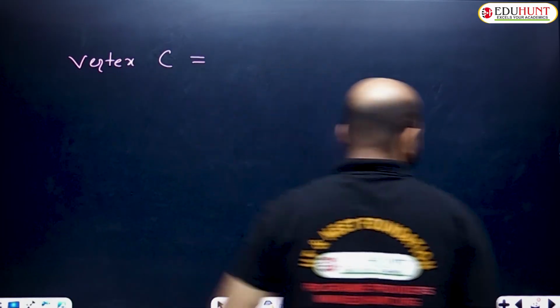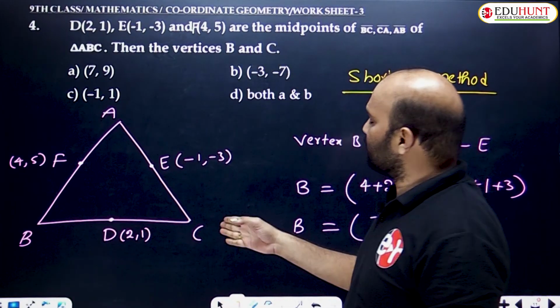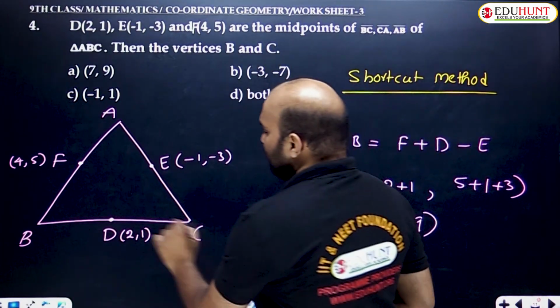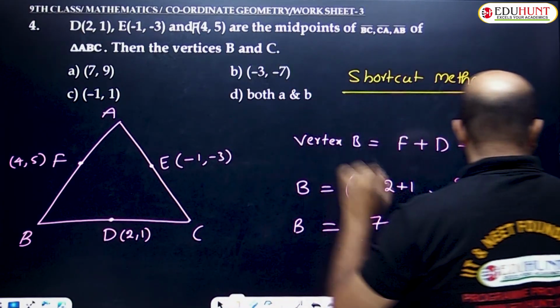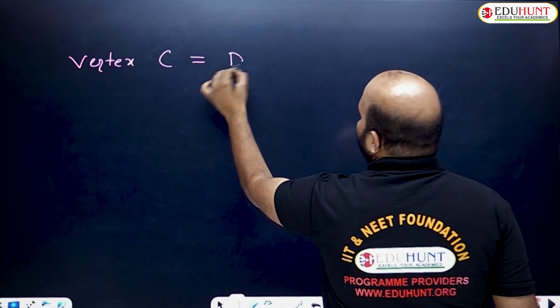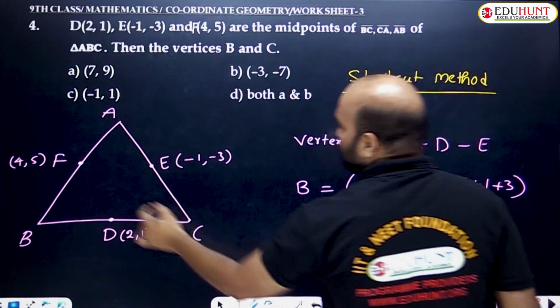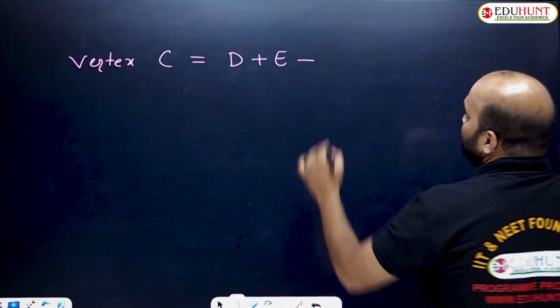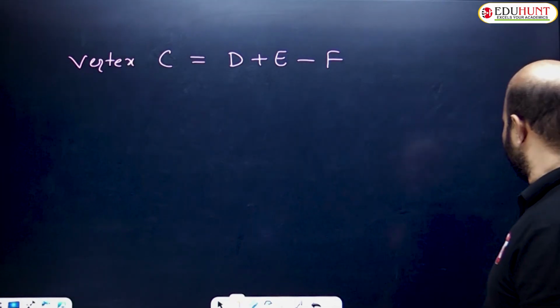So clearly we need to understand this is vertex C. The question is asking for the C coordinates. The adjacent medians of C should be added, nothing but D plus E. Then the opposite median of C, F, is subtracted from the remaining two: D plus E minus F. This is the formula.